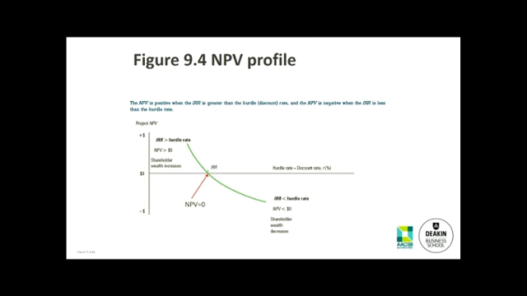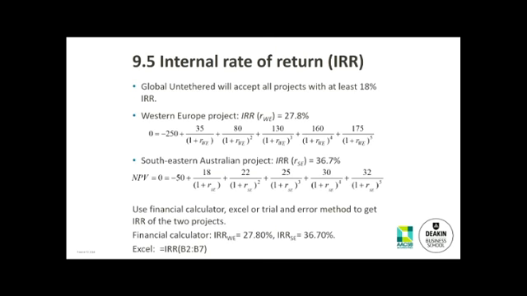As I told you, I have good news for you. What is the good news? As you can see, that's how we're going to work out the internal rate of return for both of the projects. If you want to work out internal rate of return for Western Europe and Southeastern Australia, first of all, you need to set up the equation. You need to set NPV equal to 0.